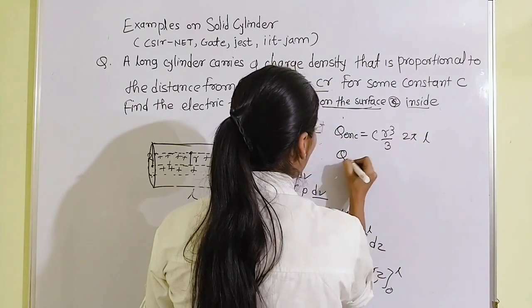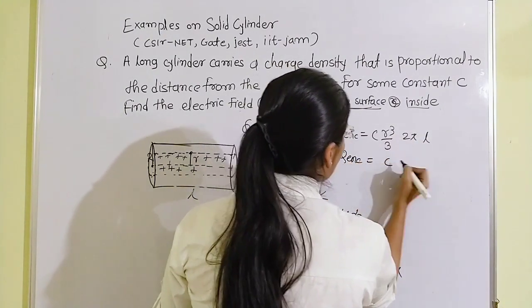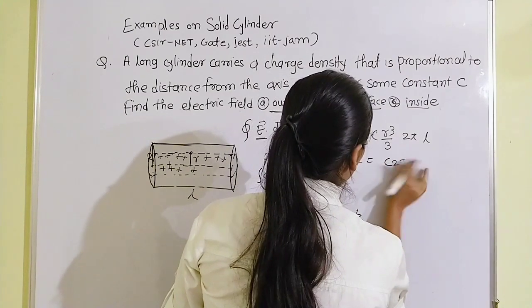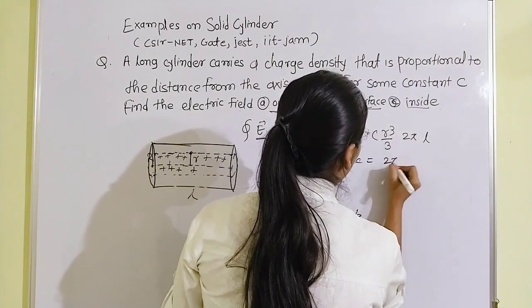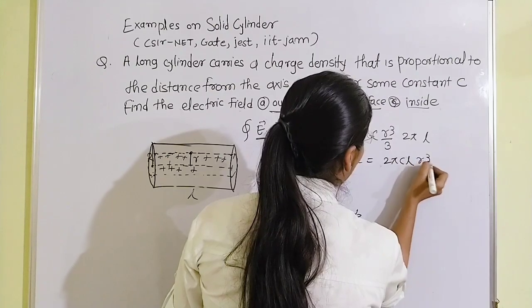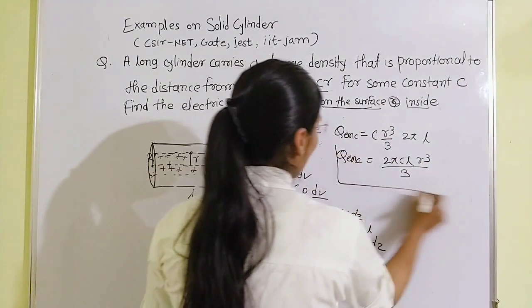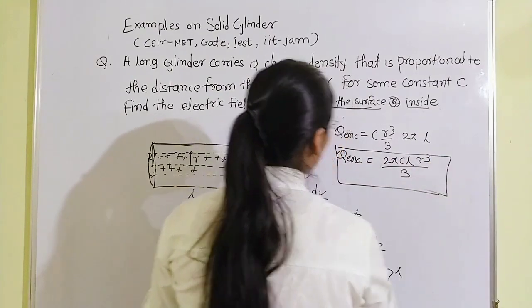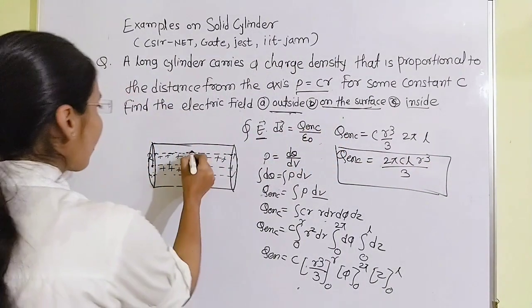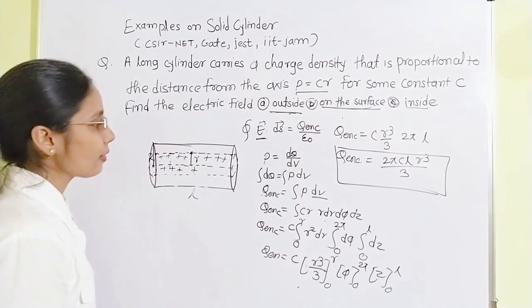So Q enclosed is equal to 2 pi C L r cube by 3. So this is our Q enclosed when we are finding the electric field inside this cylinder.